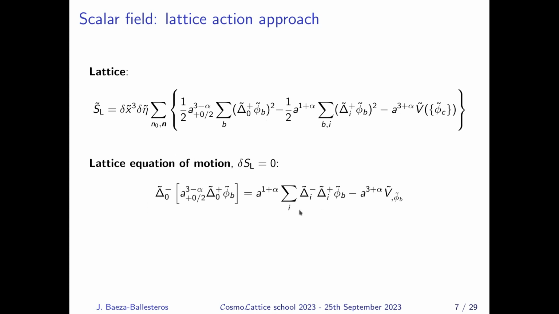This also justifies some choices that, for instance, Adrian made yesterday afternoon, in which he wrote the Laplacian as the consecutive application of a backward and a forward derivative, as this is what we get here for this Laplacian term. And then we also get the backward derivative here for the backward time derivative.